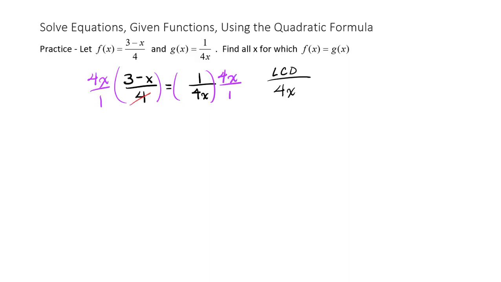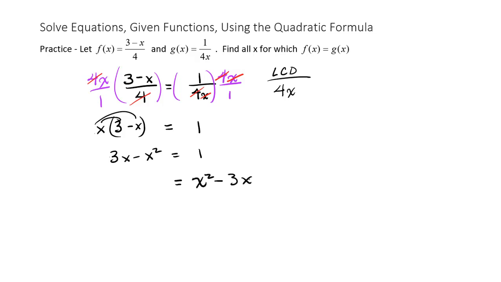When I divide out the common factors, this will clear my fractions, and I'll be left with (3 minus x) times x equals 1. If I multiply the x into the parentheses on the left, I'll have 3x minus x squared equals 1. And then if I set my quadratic equal to 0, I'll have x squared minus 3x plus 1 equals 0.